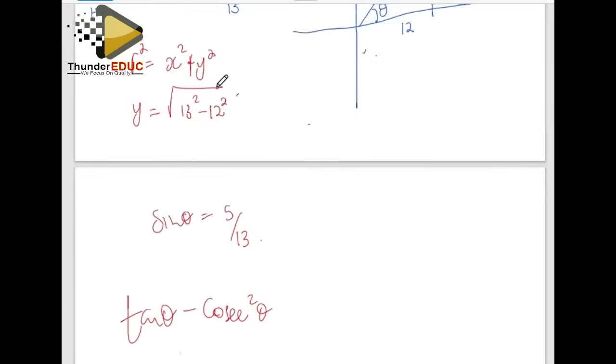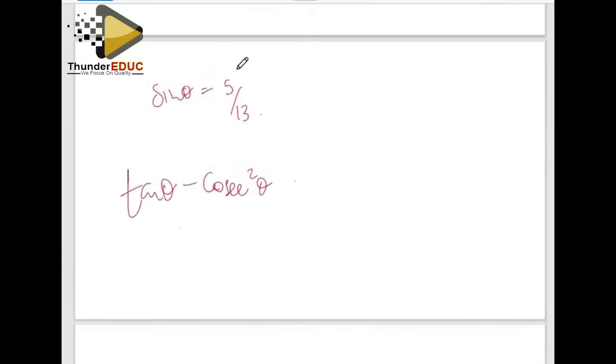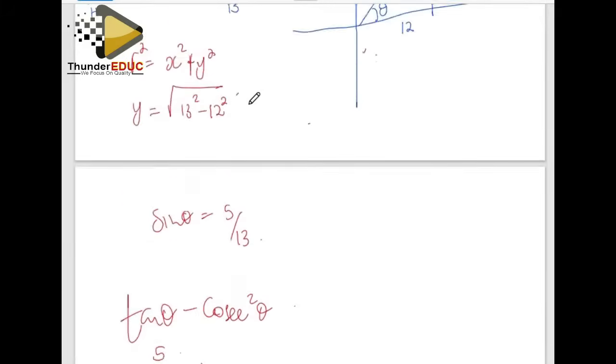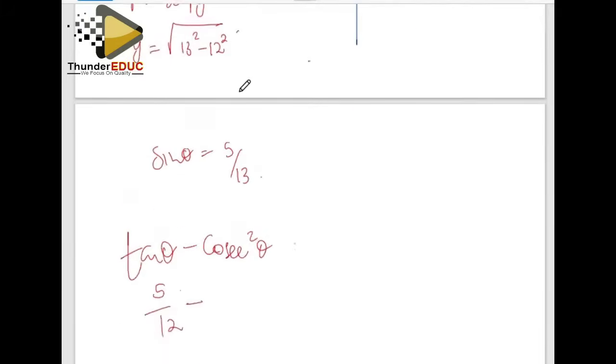How do we get the tan? Opposite over adjacent, which is now 5 over 12. Cosec is the reciprocal of sine, meaning we switch the sine ratio, which is 13 over 5, and then you square that. So simplifying that, we have 5 over 12 minus 169 over 25.